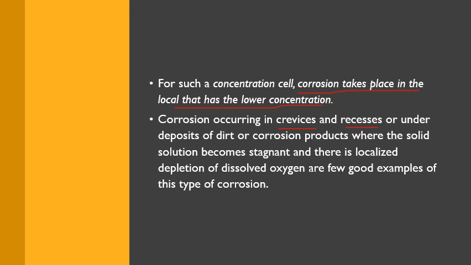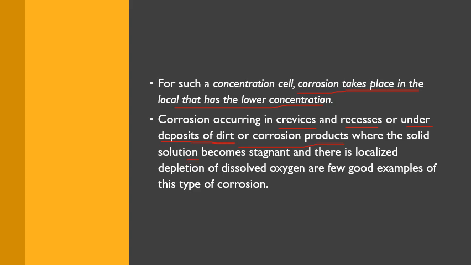These are the normal things: somewhere in some places there are depressions in the metal piece, and in these depressions the corrosion rate is increased because there are more chances of accumulation of electrolytes, moisture, and water. And corrosion is also very fast in that region of the metal where dirt or corrosion products are deposited. So it will also be non-uniform corrosion.